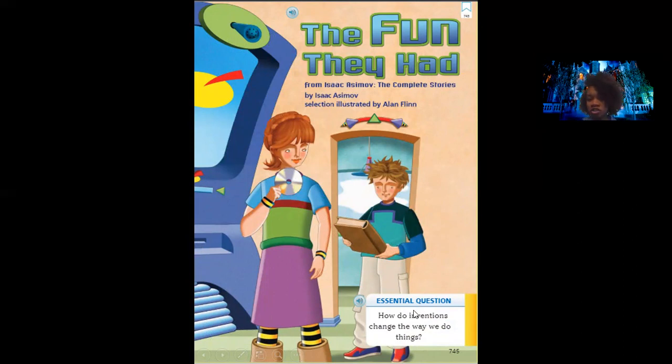And we have an essential question. Our essential question says, how do inventions change the way we do things? So as you're reading, this is what you're thinking about. We, as in humans. Automatically, that helps you as the reader connect to this story, because you're thinking, if I were to interact with this invention, how would I use this? And what would it change that I'm already doing?